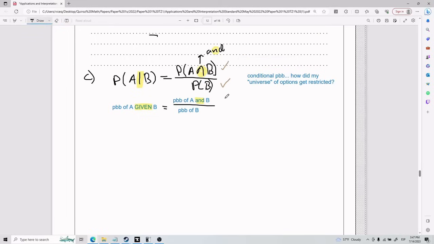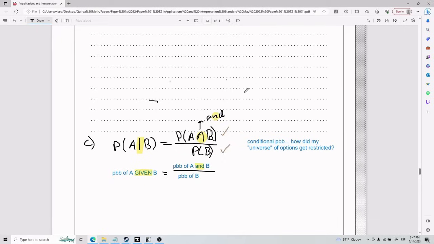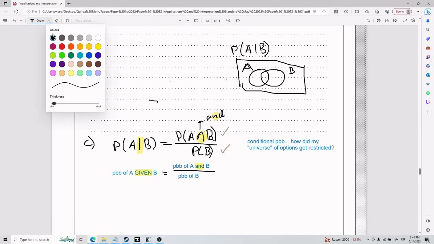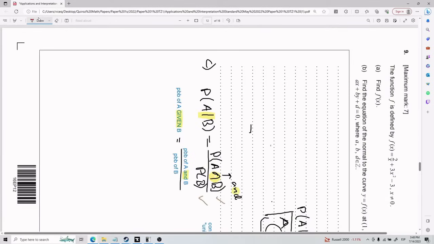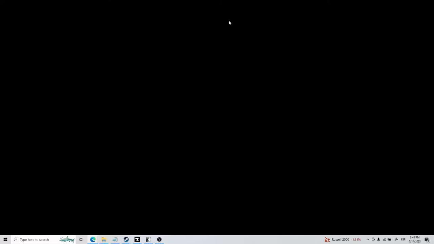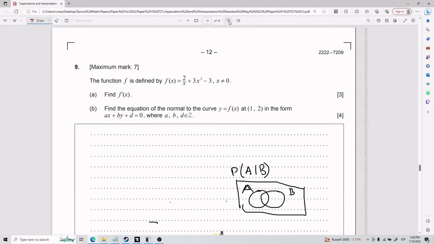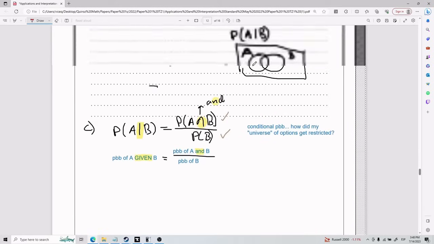All right, how do I make this a little more clear? If you do a quick Venn diagram of your A and your B, you have these two big circles, and probability of A given B means that you're looking at the chance that you get A here in red. So sorry about that.